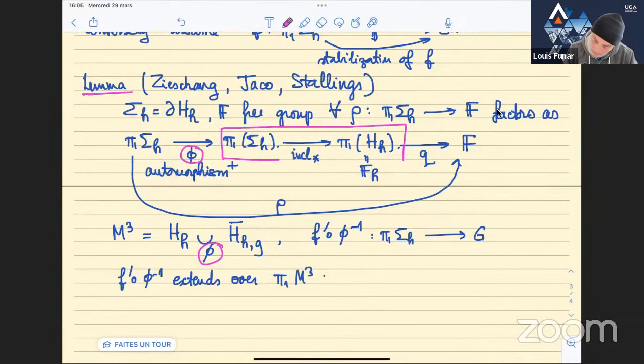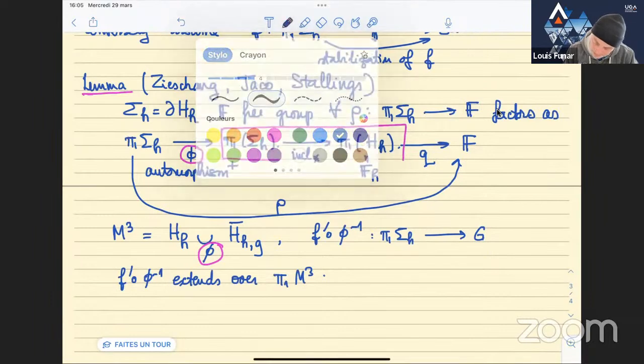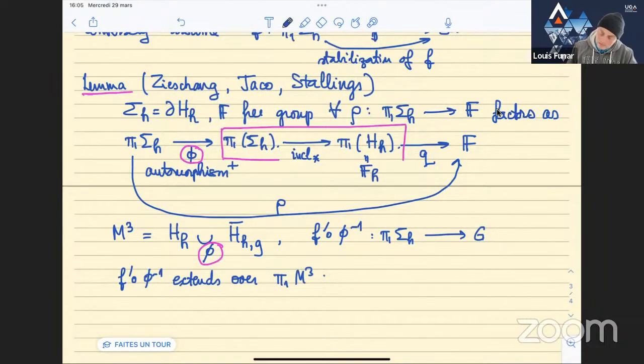So this is precisely saying that F prime composed with phi inverse extends over pi 1 of M free. That's the usual amalgamated product. I don't write it anymore.